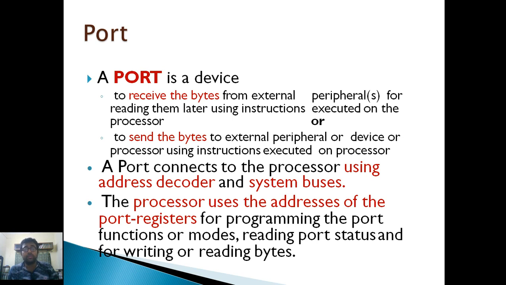The system bus will help the data to transfer from port to processor, and the address decoder will help to decode the address from which all the data has come. Different data has different addresses. If we don't have the proper address, the first thing the port will do is to decode the address.